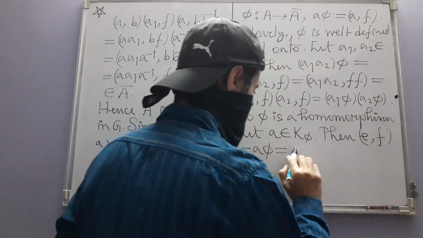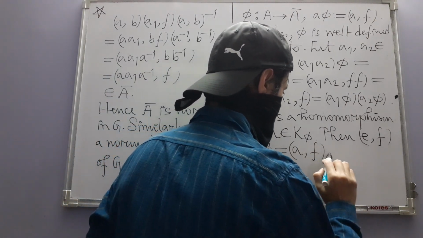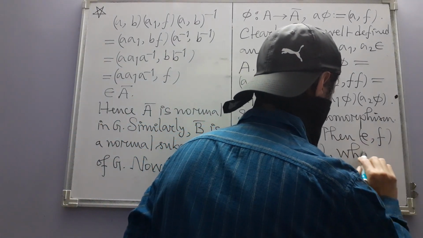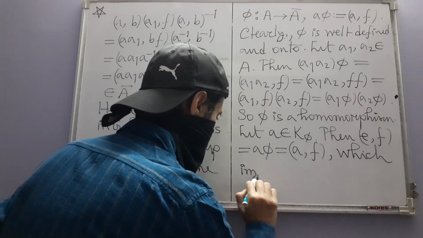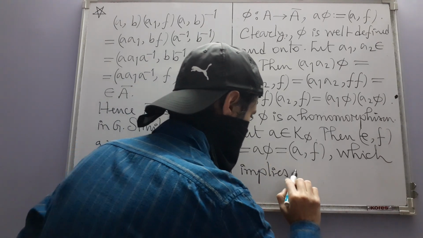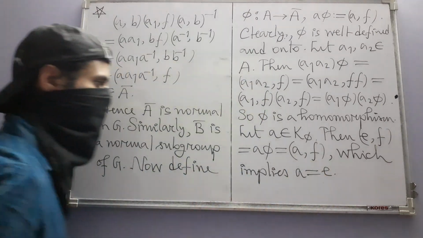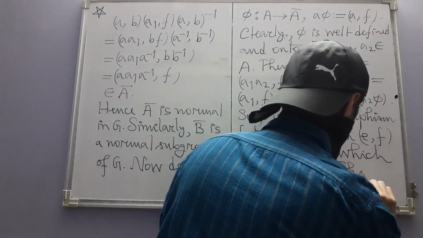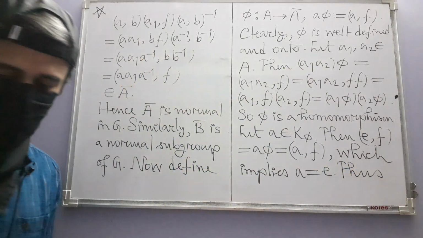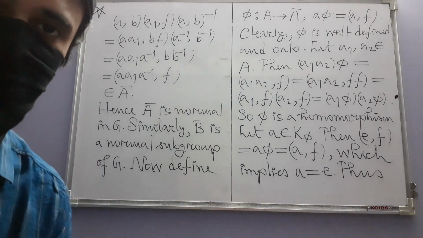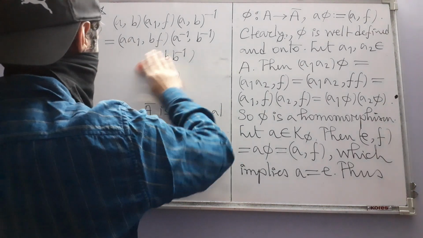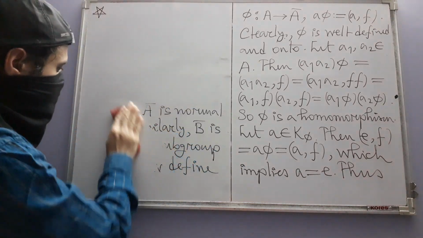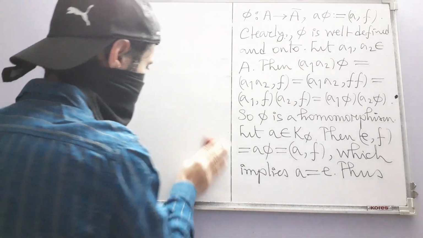However, A phi by the definition of phi is A comma F. So from this equation we get A equal to E. That is why the kernel of phi is trivial, proving that our function is one-to-one as well, besides being onto, and that's why it's an isomorphism of A onto A bar, proving that A and A bar are isomorphic.